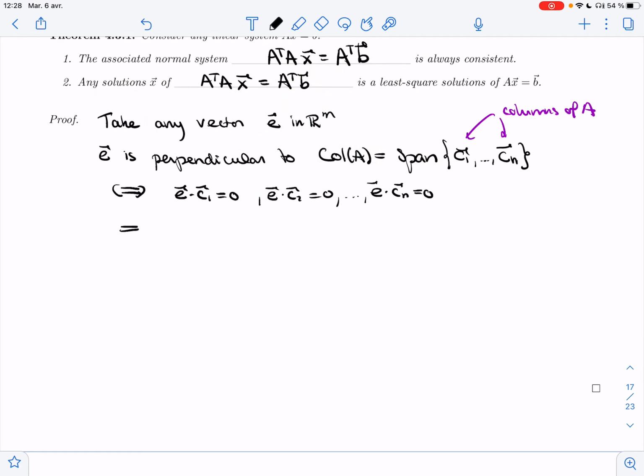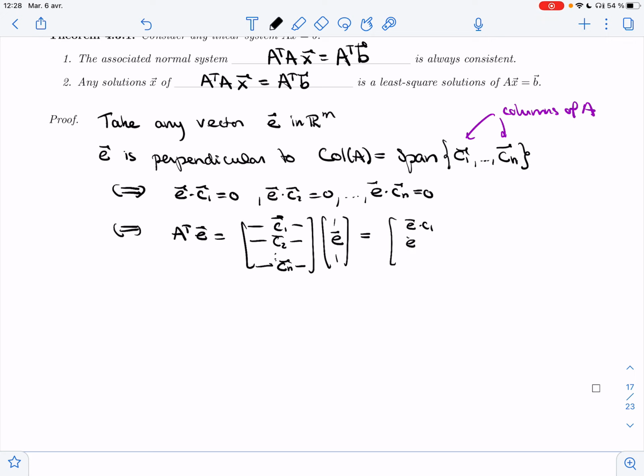All right, but if we look at what happens when we multiply A transpose by e, now the rows of A transpose will be those column vectors of A. And I'm going to get e dot c1, e dot c2, and so on. So this is 0 if and only if e is perpendicular to the column space. That's where the transpose comes from.